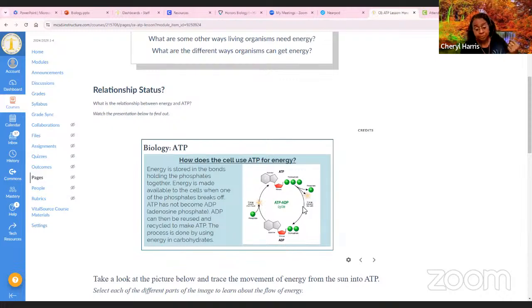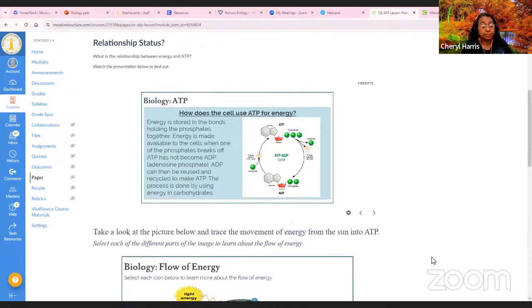So once it becomes ADP, that's not functional, so it has to go pick up another phosphate. So it picks up that phosphate and it becomes ATP again, and then it can go do its job somewhere else and release some more energy where it's needed. So this is a cycle. There's ATP, it breaks off a phosphate, it releases energy, it becomes ADP, it gains a phosphate and becomes functional again. So it keeps on doing that. Okay.